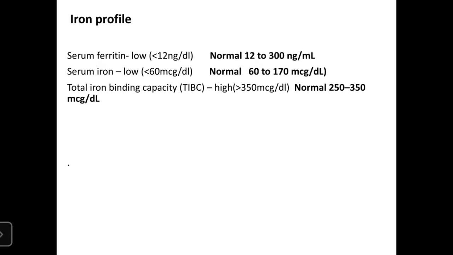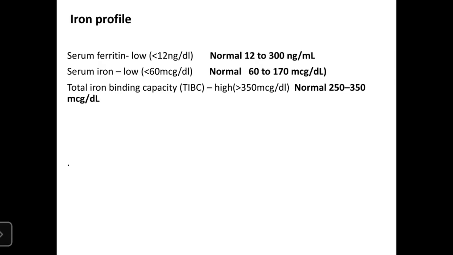Whereas in other conditions, like chronic conditions, the ferritin level is high. In thalassemia, TIBC is not high. So serum ferritin can be increased as well, and serum iron low, so the serum ferritin might be increased, but the TIBC won't be high, right?